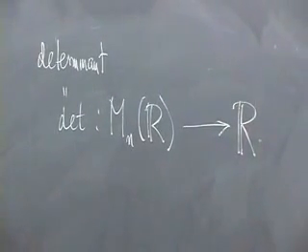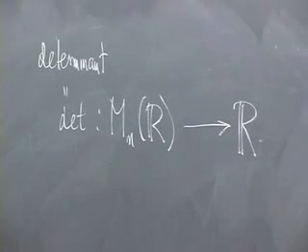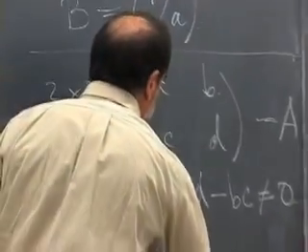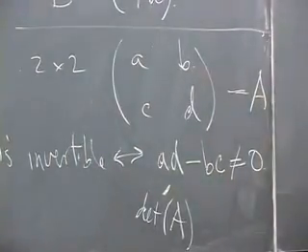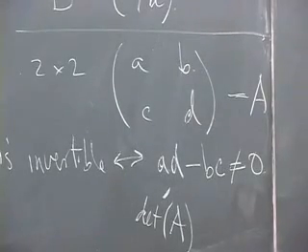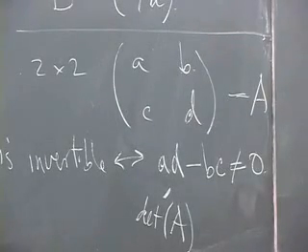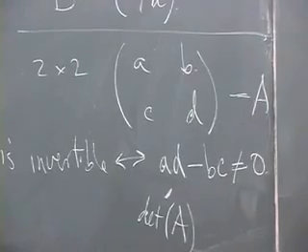And the determinant of a matrix is a polynomial in its entries. It's a polynomial of degree n in its entries. So for example, this is the determinant of the 2 by 2 matrix A. And you probably know the formula for the determinant of a 3 by 3 matrix, or even generally the formula for the determinant of an n by n matrix. It's given by a formula.